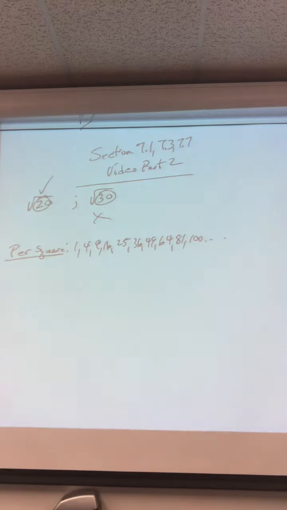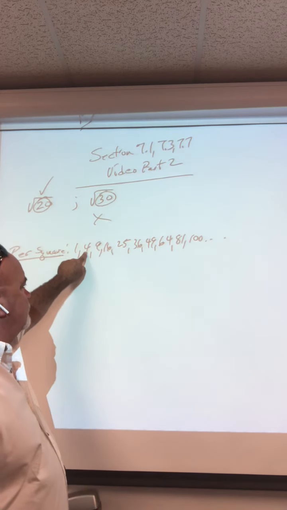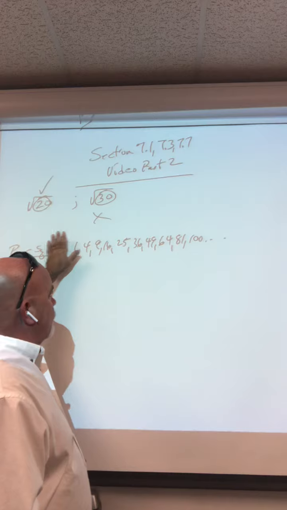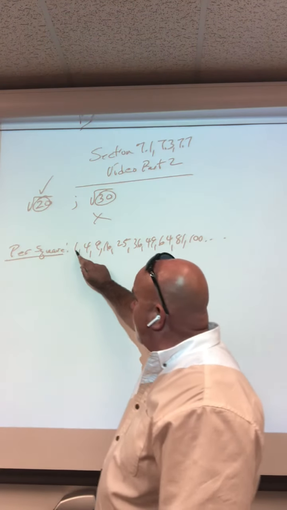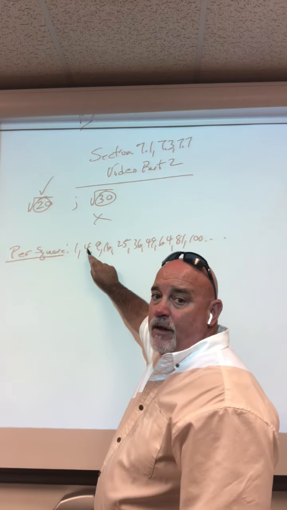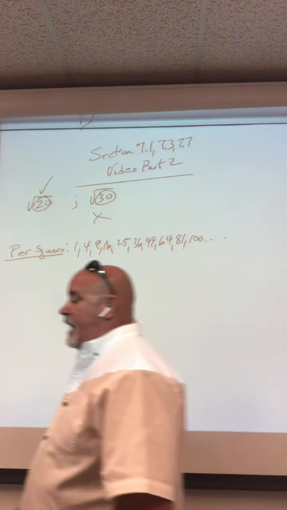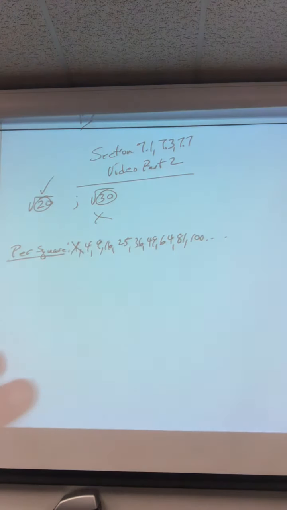Those are perfect squares. Now, it's easy to list the perfect squares because this is 1 times 1, 2 times 2, 3 times 3, 4 times 4, 5 times 5, and so on. So these are the perfect squares in order. So there's no perfect squares between 1 and 4. There's no perfect squares between 4 and 9, and so on. Now, in what I'm about to show you, we don't ever use the number 1.